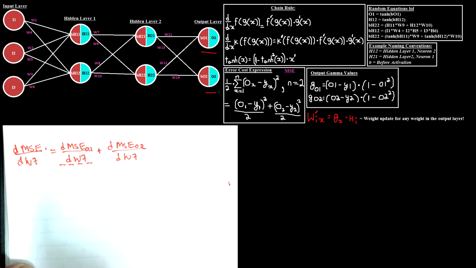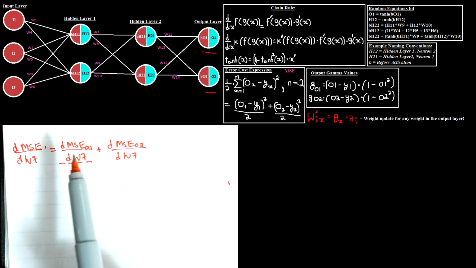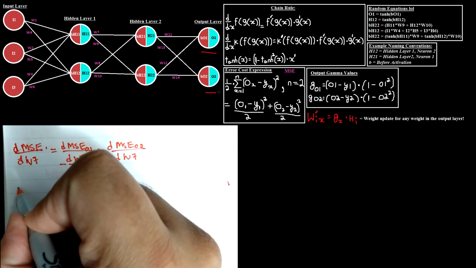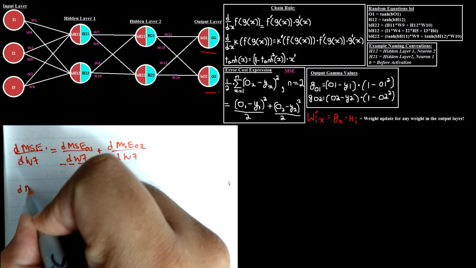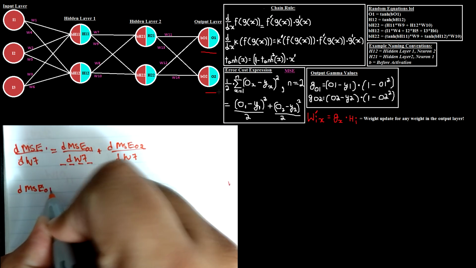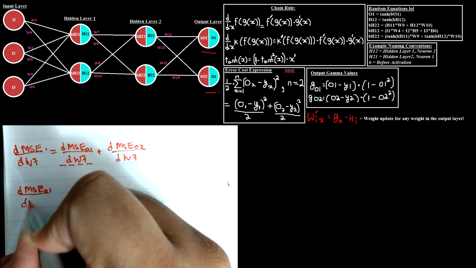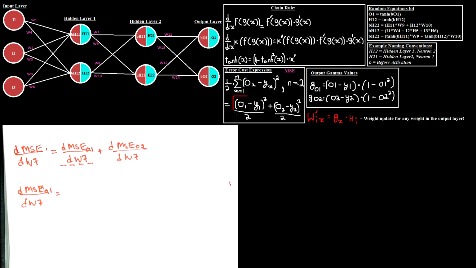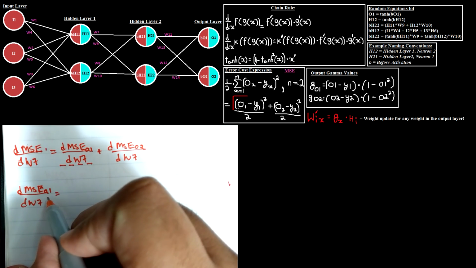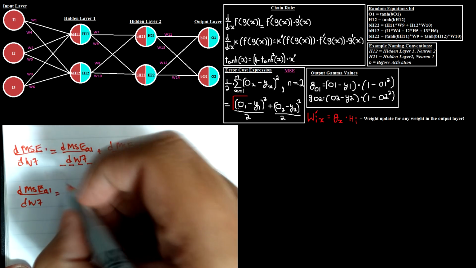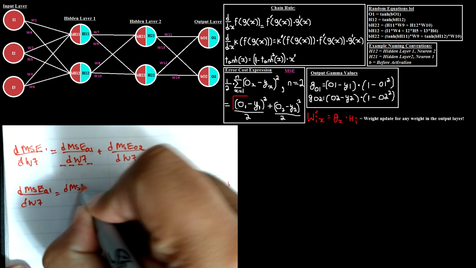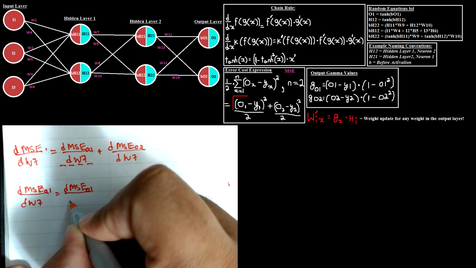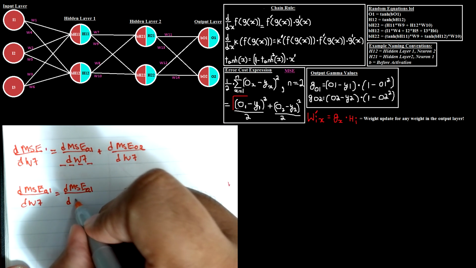Okay, so now let's tackle this one at a time. I'm just going to expand this guy. So the derivative of mean squared error of output 1 with respect to weight 7 equals, what the chain rule will tell us, the derivative of mean squared error of output 1 with respect to output 1.